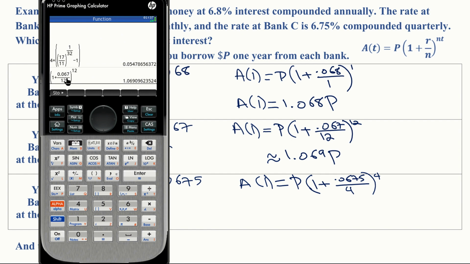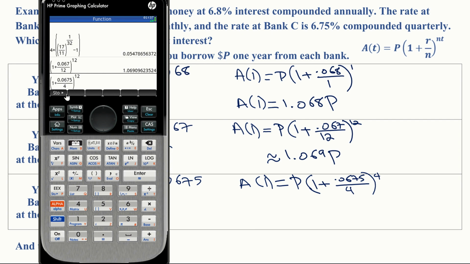So I'm going to be a little lazy, just copy that and change some numbers. So I'm going to put 4 there. I'm going to go to the top and change that to 0.0675. Right?